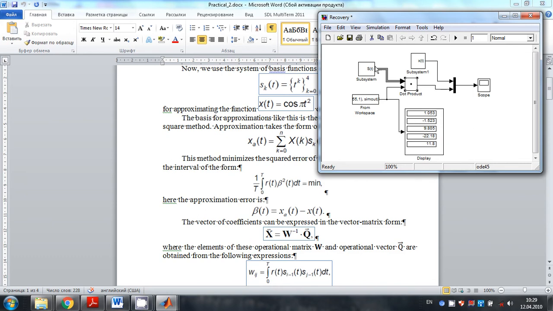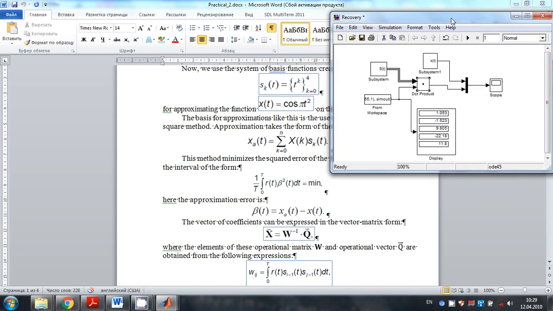So at the output of the dot product, we actually are getting this polynomial. We multiply the first coefficient times the first basis function plus the second coefficient times the second basis function, and so forth. So at the output we get the signal recovered from the system of basis functions.